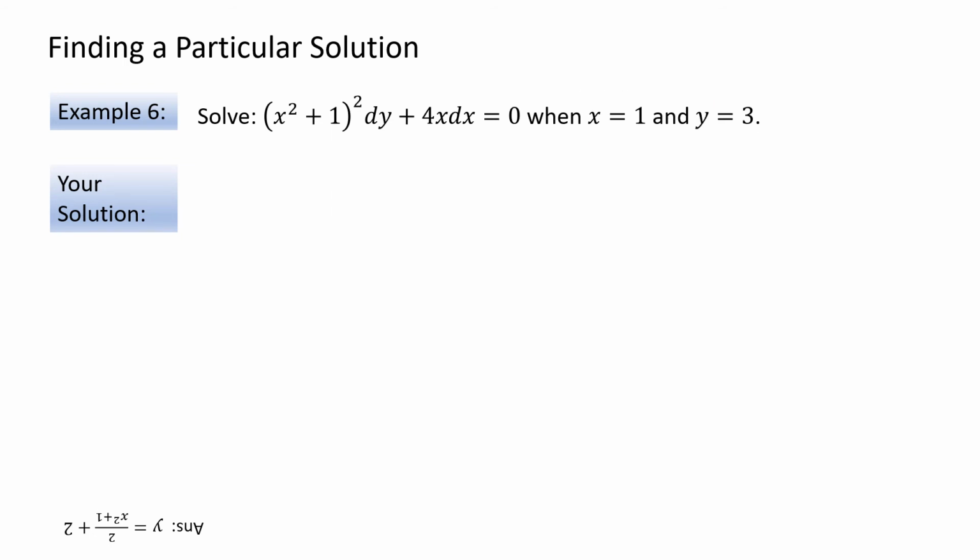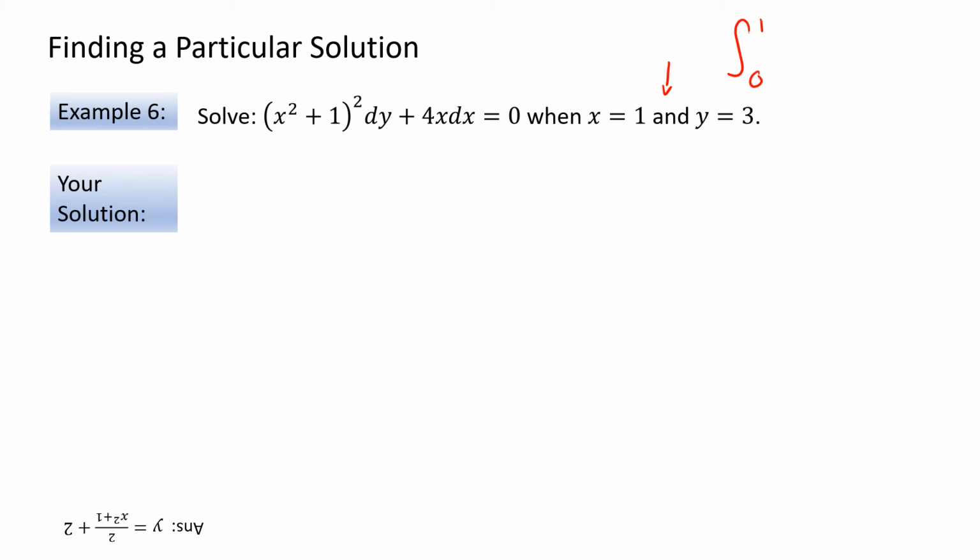So solve x squared plus 1 squared dy plus 4x dx equals 0 when x equals 1 and y equals 3. So consider the x equals 1 and y equals 3 to be just like when you had bounds on an integral. Let's say the bounds are from 0 to 1.